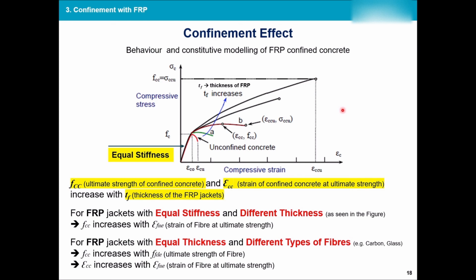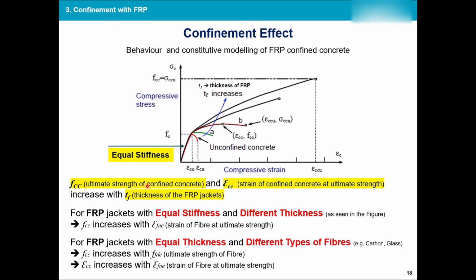So remember, when you increase the thickness of the FRP, you're actually adding more layers. If one layer is, let's say, 0.15 millimeters in thickness, if you add 2 layers, then you have 0.30. Then you have increased the thickness of your FRP, and as a result, you have better strength and better ductility.